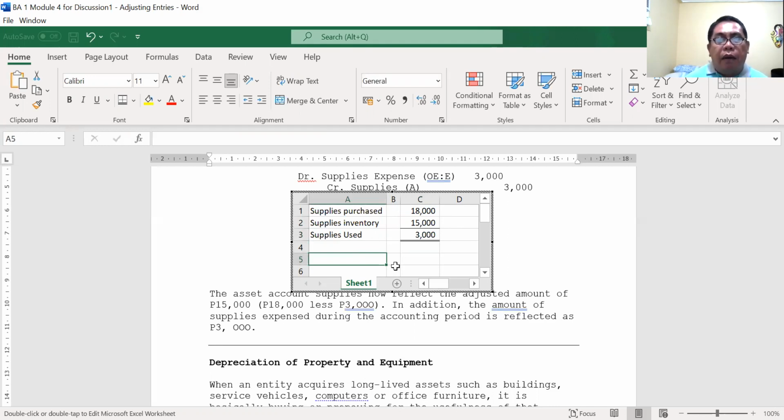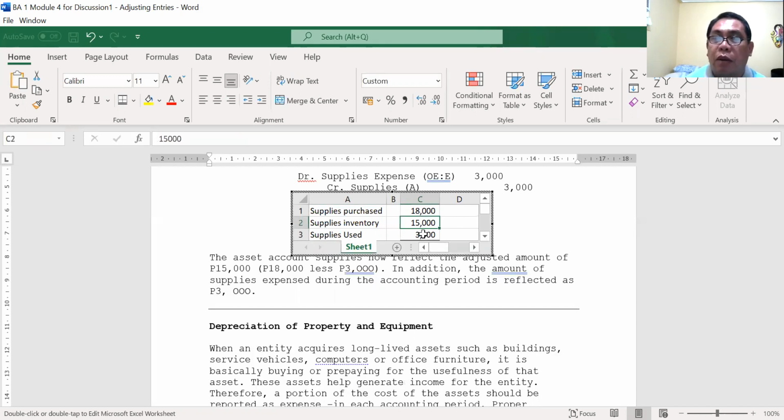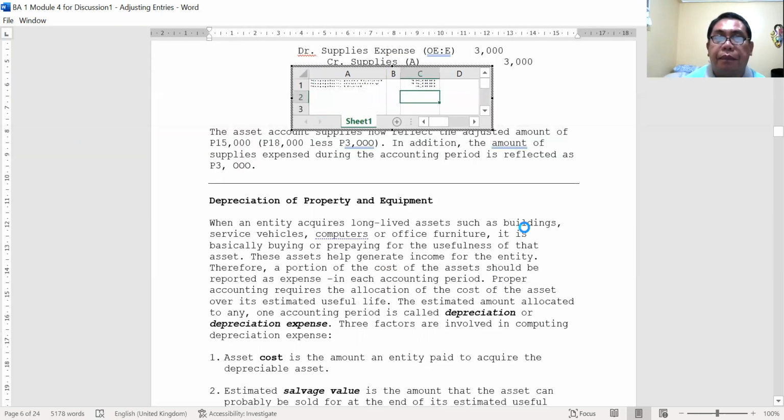Remember that supplies is 18,000 minus 3,000, so the balance is 15,000 at the end of an accounting period, or at the end of May for this problem. Remember, 18,000 was the initial recognition, and then we prepared an adjusting entry for 3,000. Then what remained is 15,000.